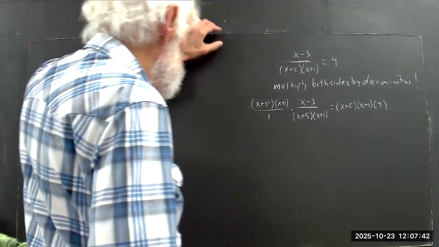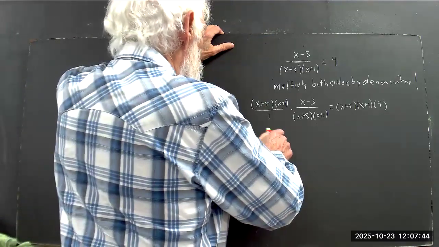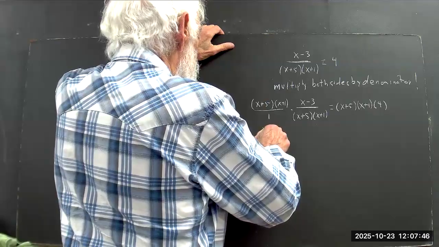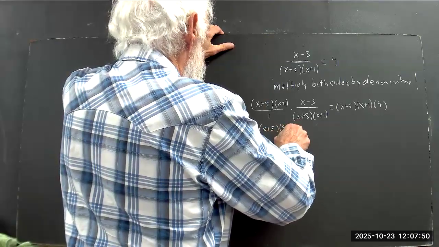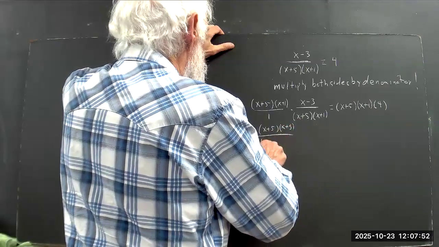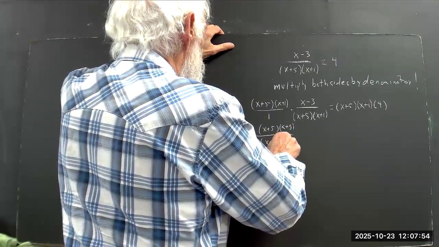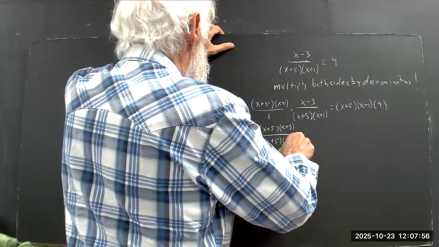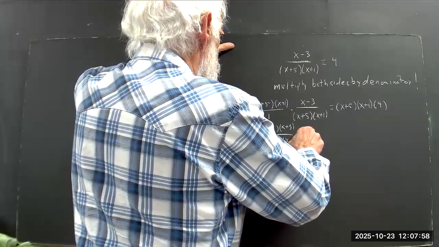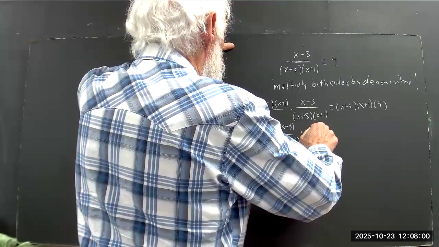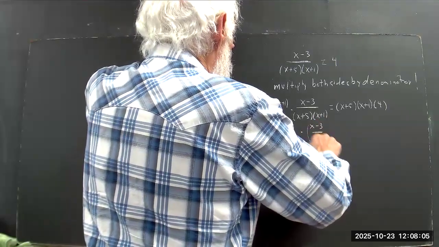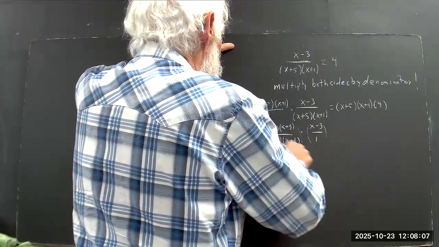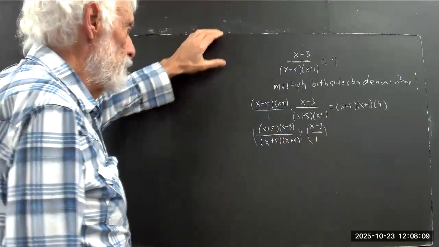I'm going to show again, though, why this is so. This is the same as x plus 5 times x plus 1 over x plus 5 times x plus 1, multiplied by x minus 3 over 1. Why is it the same?